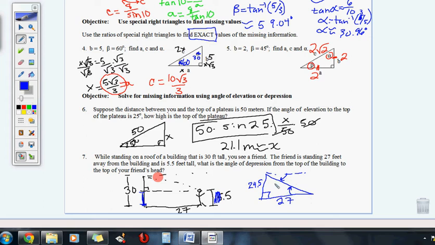So actually, to find theta here, we can turn it into a tangent problem. Tangent theta is equal to 24.5 divided by 27. Theta is equal to tangent inverse of 24.5 over 27. So theta is coming out to approximately, that would be an exact answer there, approximately 42.22 degrees.